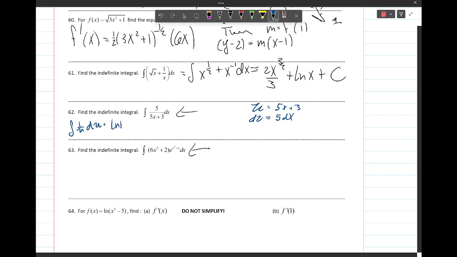That's just natural log plus c. Final step, rewrite this as natural log of 5x plus 3, plus c.